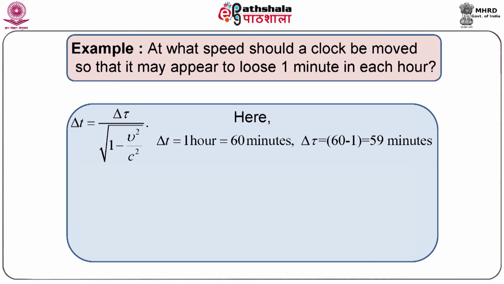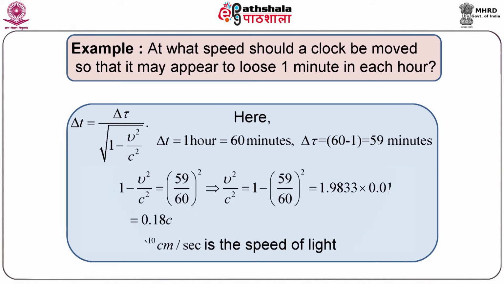So Δτ is 60 minus 1, that is 59 minutes. Substituting these in this equation, we get this result. Shifting v² by c² to the right hand side and (59/60)² to the left hand side, we get this one.